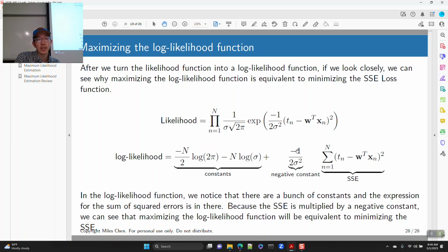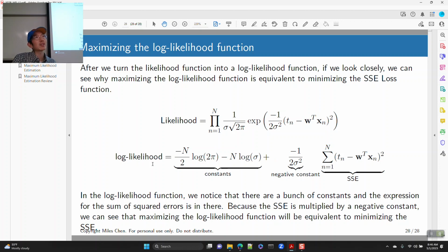This is a negative value. And this over here is the formula for the sum of squared errors. So when we say we want to maximize the log likelihood, it's saying the same thing as minimizing this thing, because it's being multiplied by a negative constant here.